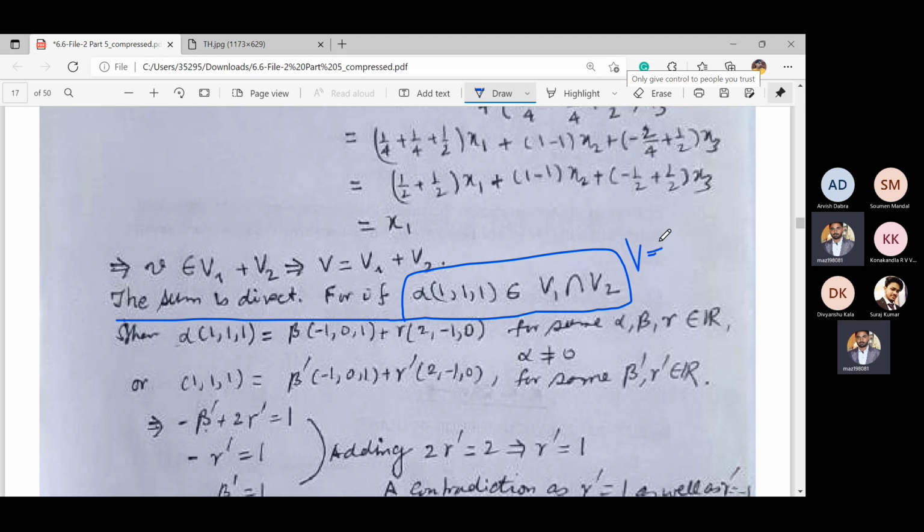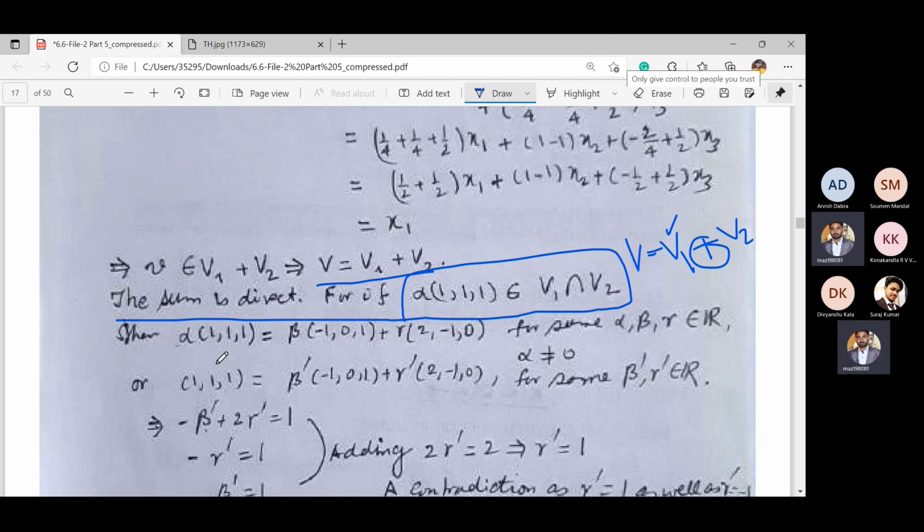If V equals V1 direct sum V2, each element of V can be written as a sum of elements of V1 and V2, which we have shown here. And for a direct sum, it is written uniquely, or equivalently we can say the intersection of V1 and V2 is only 0.